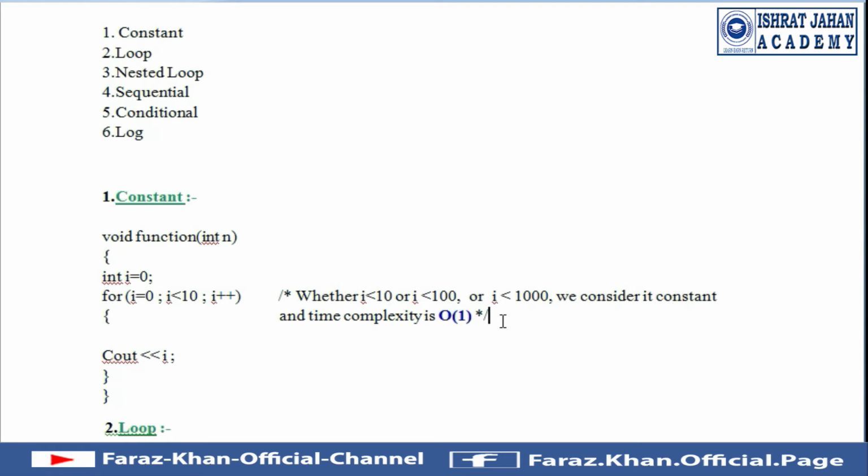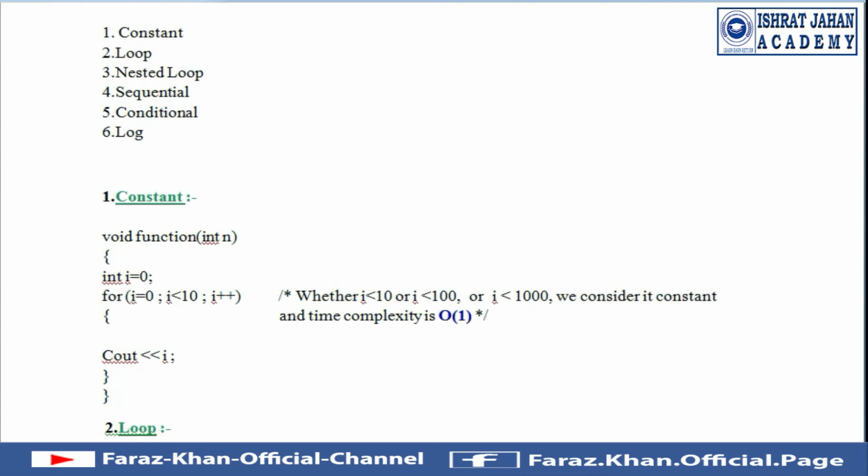Whenever we have the value in the form of a constant, which could be 10, 100, 1000, lakhs, 10 lakh, crore, etc., whenever we have a specific number of iterations, it will take constant time and the time complexity would be O(1) or omega 1, right?